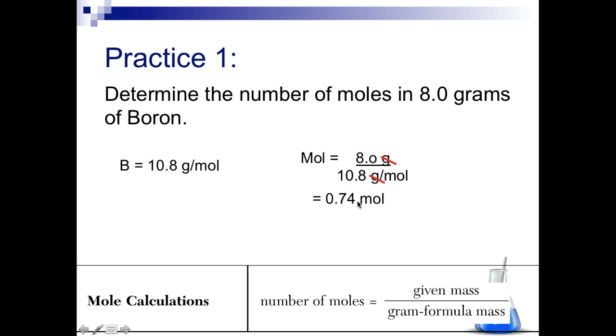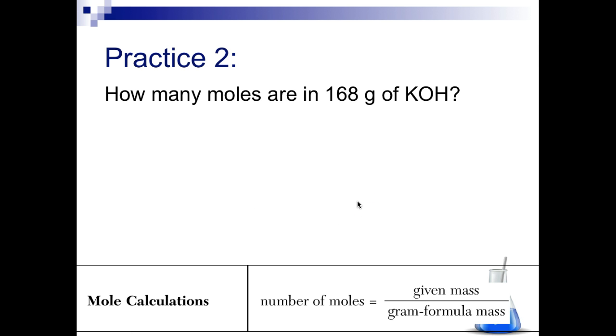And that is correct. Let's look at practice problem 2. How many moles are in 168 grams of potassium hydroxide? We have to calculate the molar mass. Pause the video and then unpause it when you're finished. Welcome back. The first thing you need to do is calculate the grams per mole for potassium hydroxide.